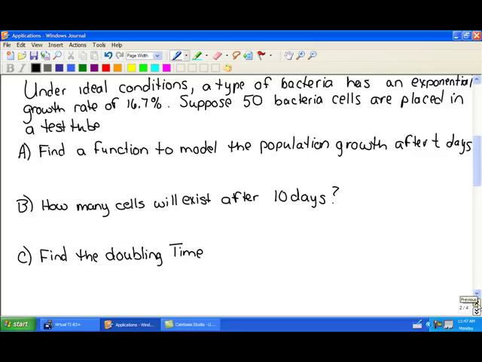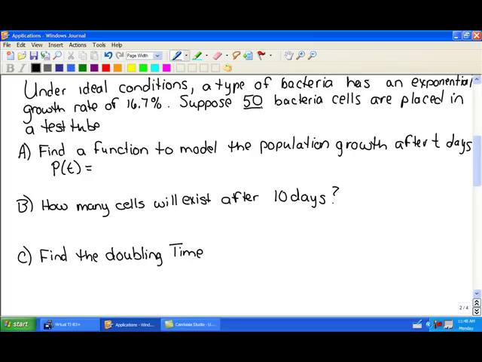Under ideal conditions, a type of bacteria has an exponential growth rate of 16.7%. Suppose 50 bacteria cells are placed in a test tube. Find a function to model the population growth after t days. So we're going to say the population after time is going to equal the initial population.